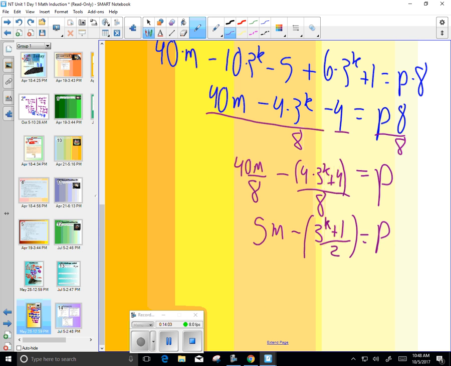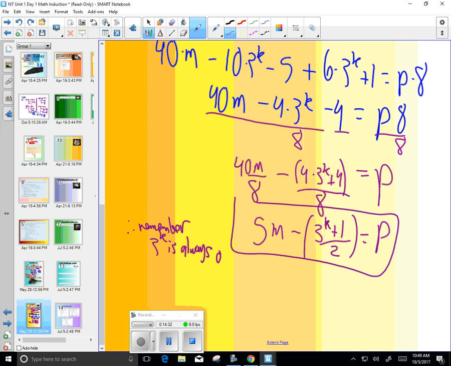You're not going to like this. So this is a whole number. This needs to be a whole number. But what's the problem with this? It's not always a whole number. Or is it? Tell me about 3 to the k. Remember, 3 to the k is always odd. 3, 9, 27, 81.